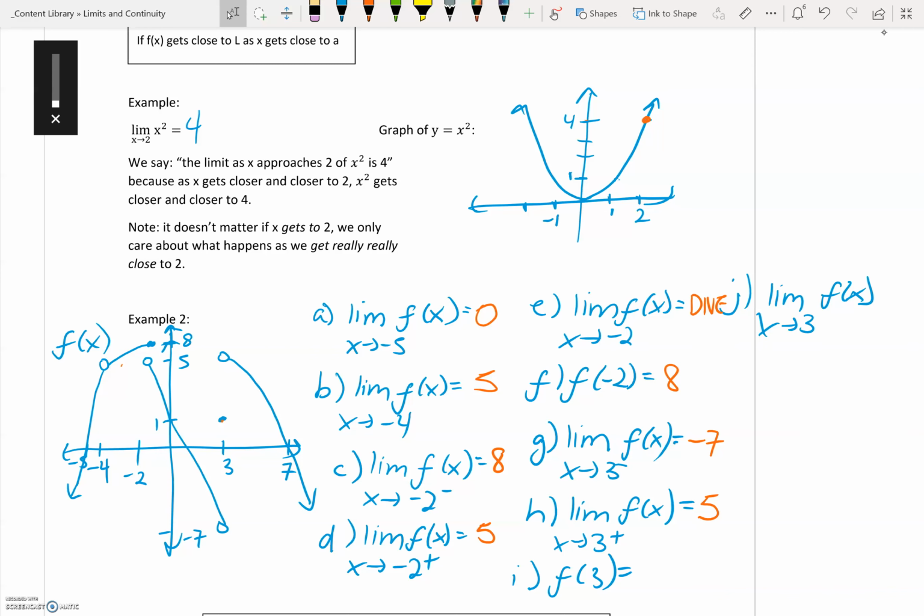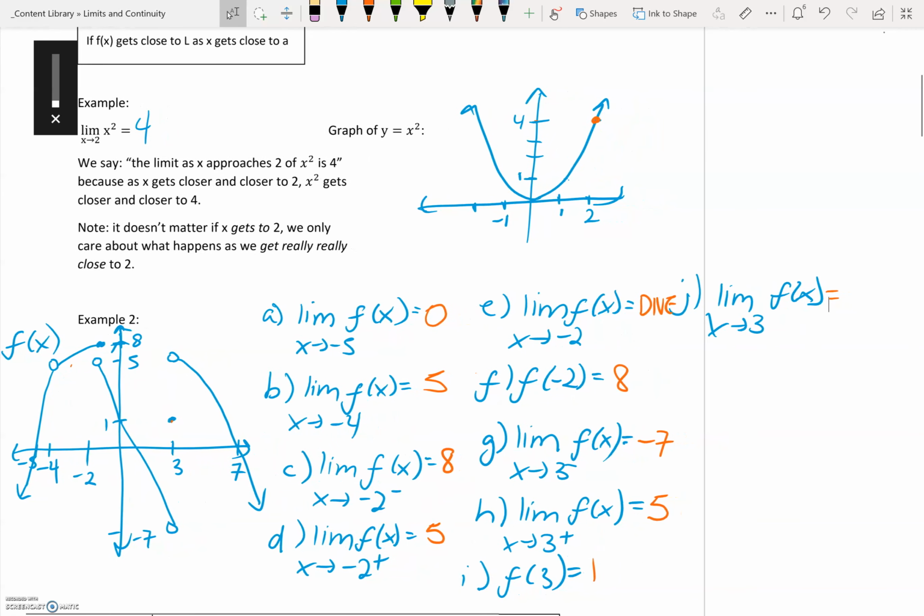However, f of 3, the actual value this function takes on, is at this point here, which is part of the domain, and it's 1. Lastly, the overall limit doesn't tend to a specific number, so it's just going to be D and E.